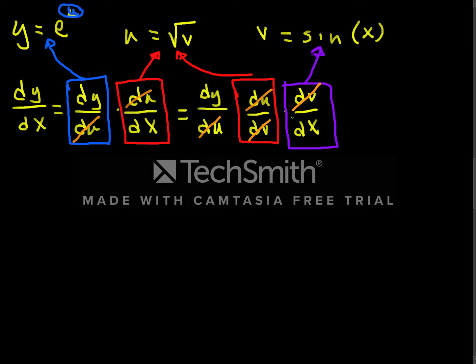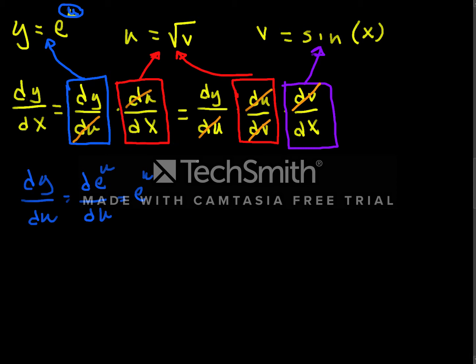Okay, back to the problem. We now want to know what dy dx is, and equality says that that's the same as dy du times du dv times dv dx. So let's take a little side note here. What is dy du? Well, dy du is the differential of e to the u with respect to u, which is e to the u. What is du dv?